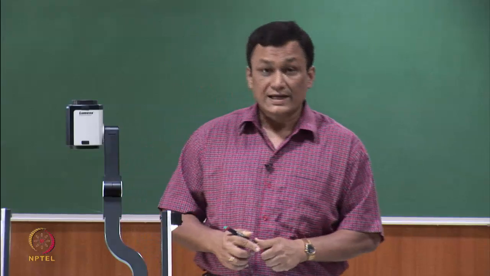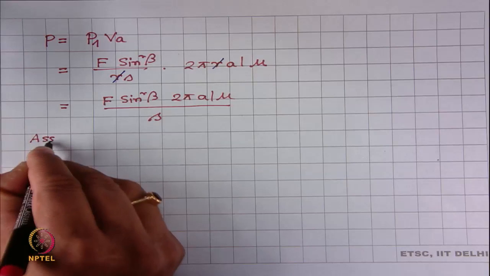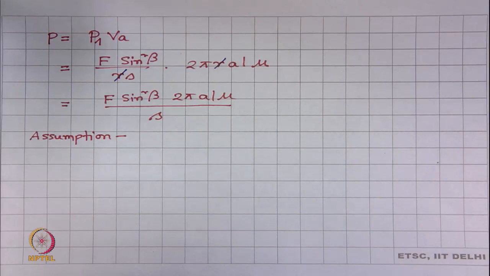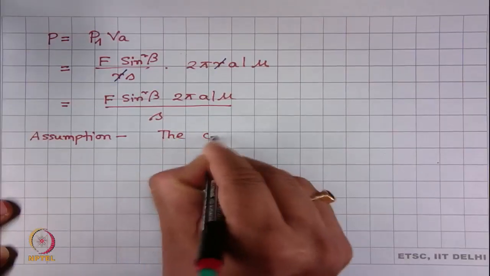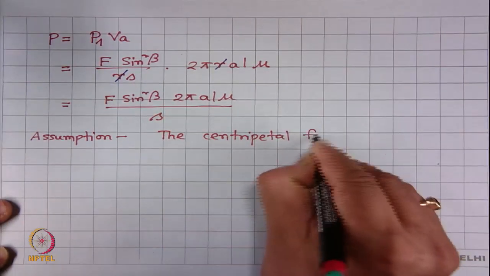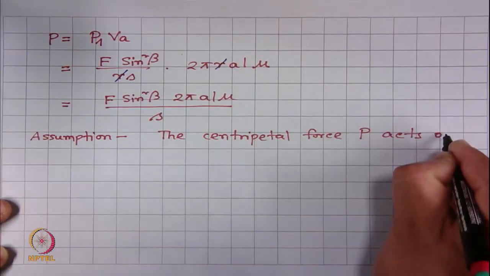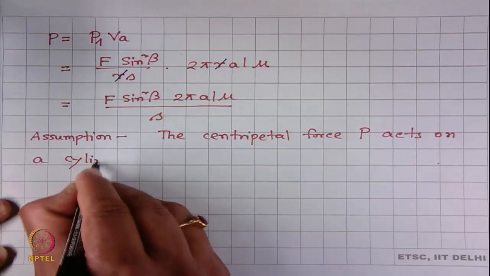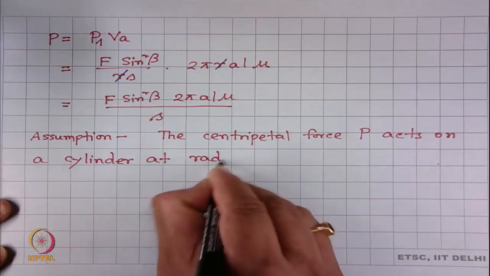Now, we assume that this centripetal force P acts on a cylinder which is situated at radius r.